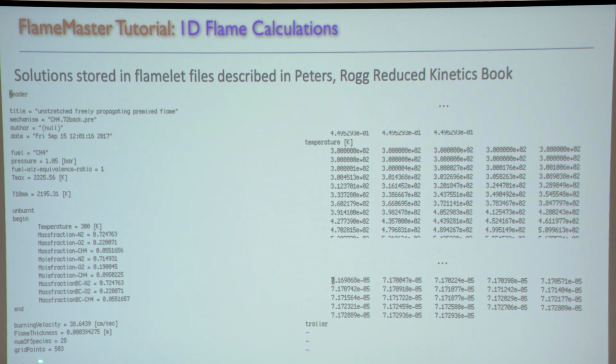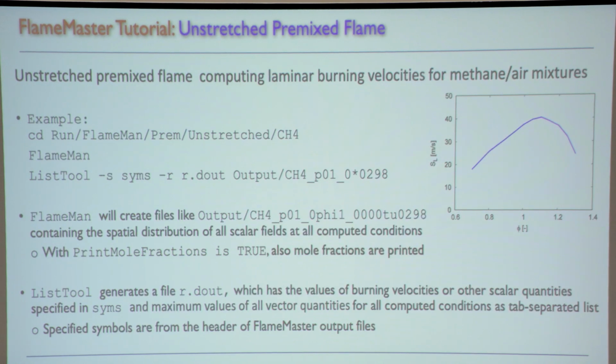That's the metadata. Then the body has these vectors: the spatial coordinate, temperature, and a lot of others. And then there's a trailer at the end which can have more information that might be case-specific.